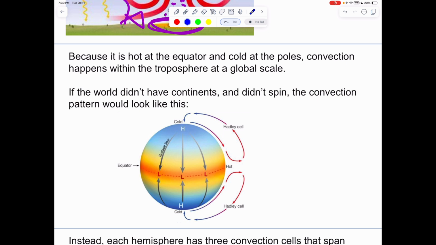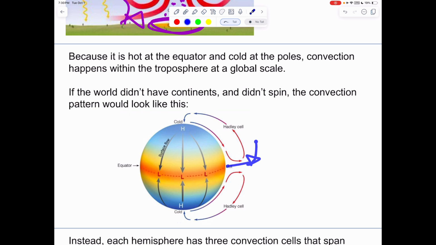Now, as we know, it is warm down by the equator. And if we take the same perspective, warm air causes air to rise, cool air causes air to sink, we realize that we have these same convection cells happening within the troposphere on a massive global scale. Down by the equator it's warm, so it's going to cause that air to rise.